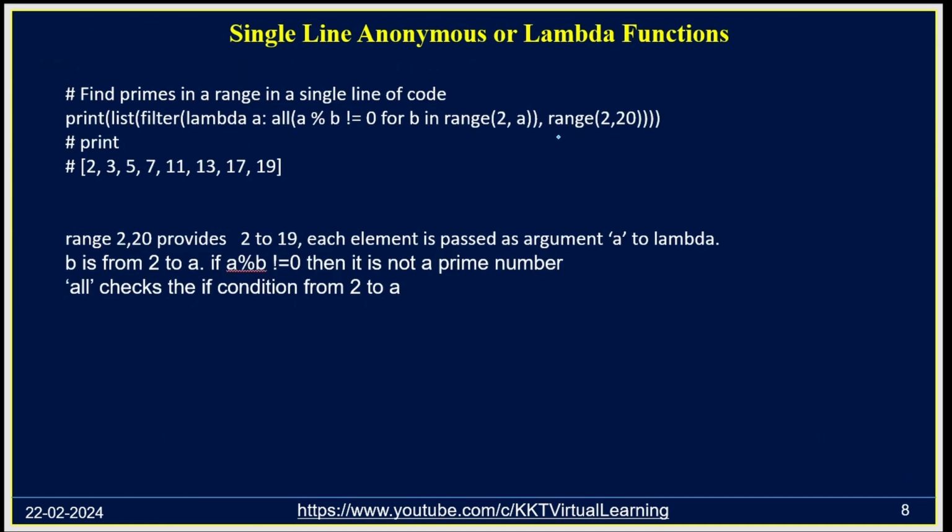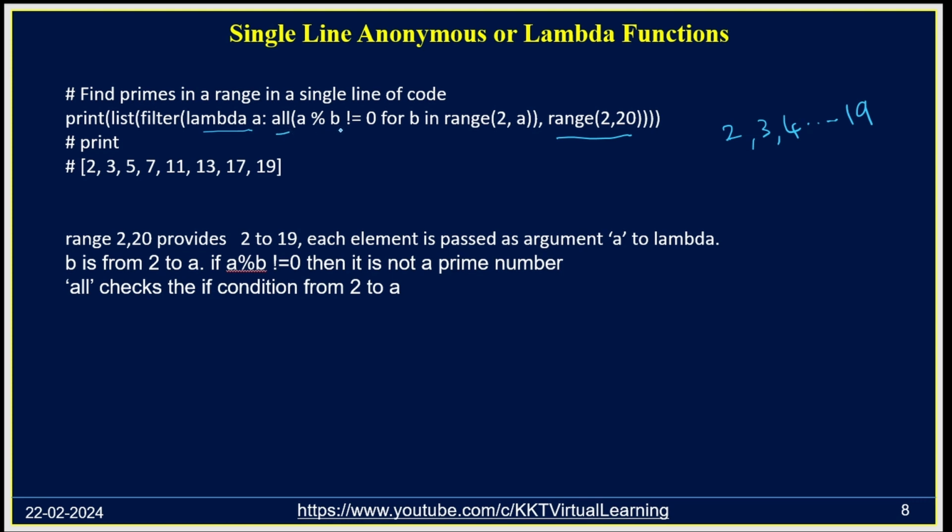This example takes the prime numbers from 2 to 20. So if you put range 2 comma 20, it will start from 2, 3, 4 up to 19. These numbers are checked whether a particular number is prime or not. Here, along with the lambda function, all is used.